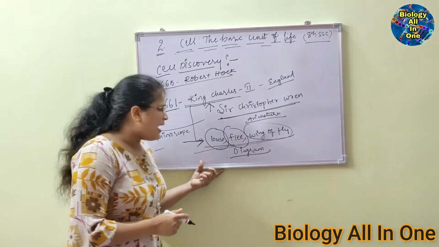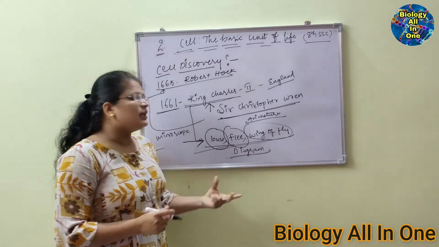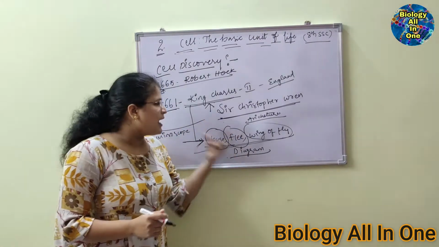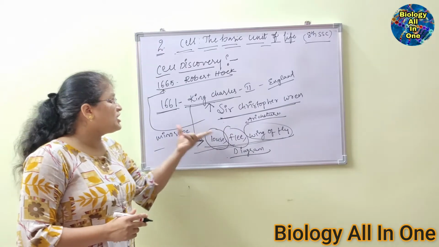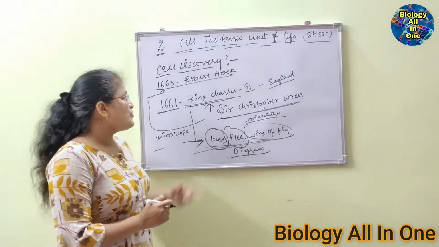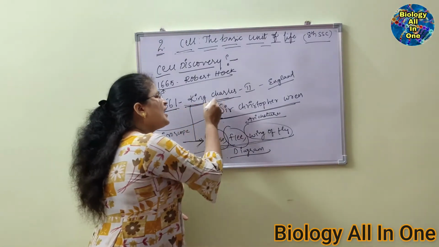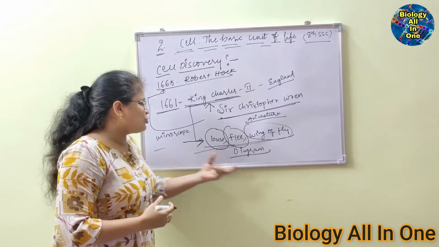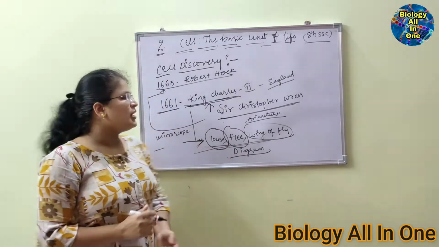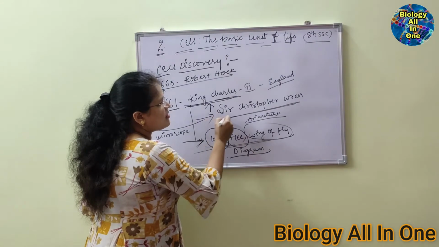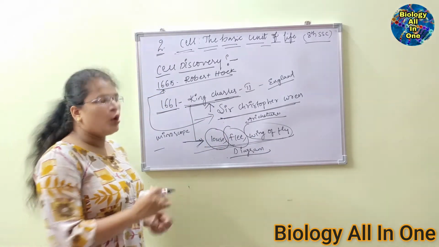These diagrams created a great influence, meaning they impacted many people. King Charles was totally impressed by seeing these diagrams and asked Sir Christopher Wren to bring more.